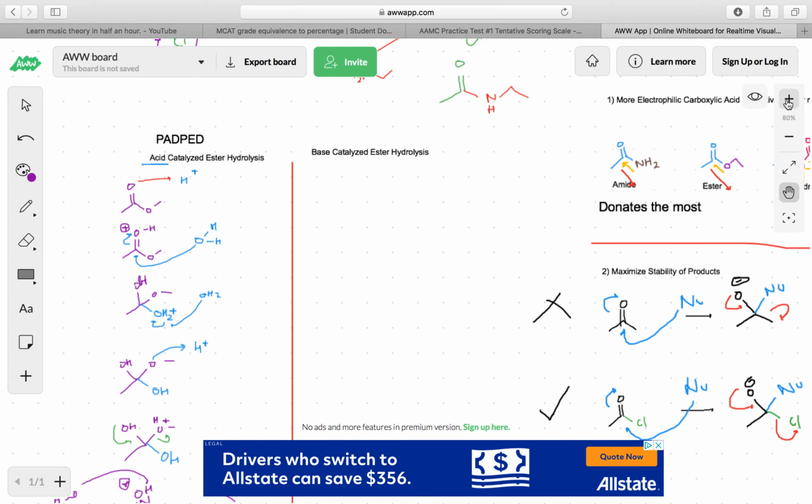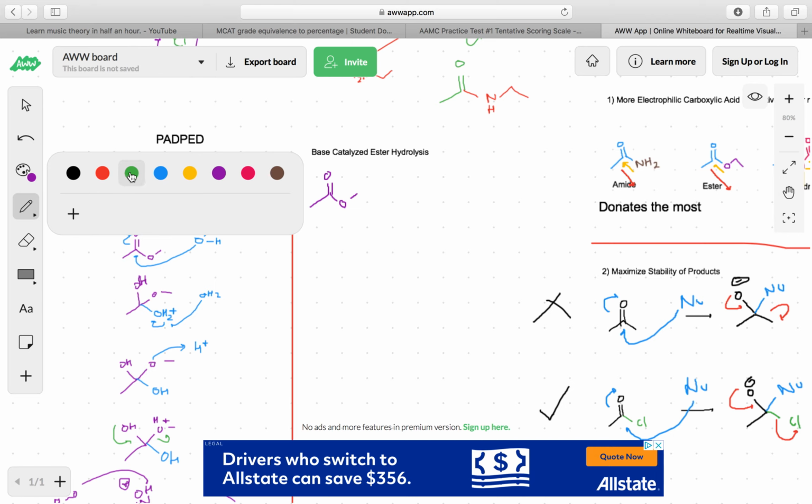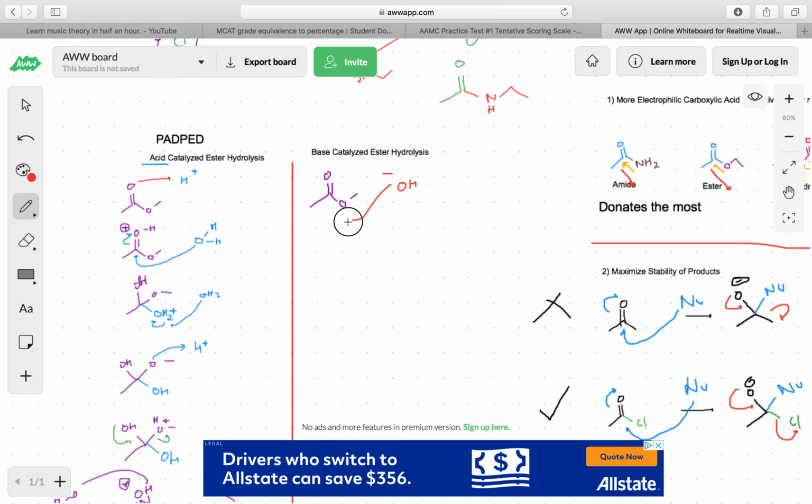The other one we have to go over is the base catalyzed mechanism. So let's start off with our methyl ester again. Now what's going to happen is, let's say I have an OH minus in solution. So there's no protonation anymore. We can't do that. We're working in basic conditions. So now this guy is just going to have to attack. This is a pretty slow step because, remember, protonation created a good electrophile and that sped it up.